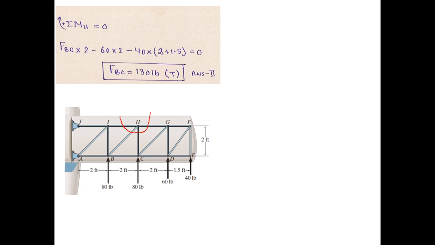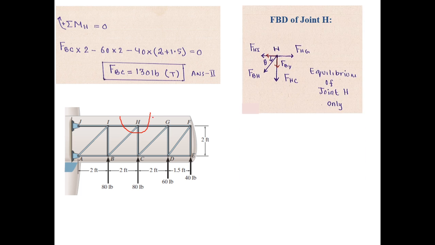So we are going to take this part of the truss and draw its free body diagram, or we can say that we are just drawing the free body diagram of this joint H. This force FHI is not required, FHG is not required, and this force is known to us.